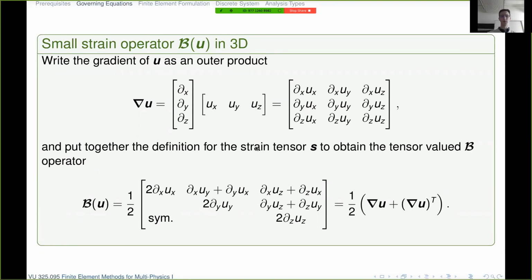And what we obtain is simply, again, the normal strains in the diagonal and the shear strains in the off-diagonal terms. And as we know, this expression is also symmetric.